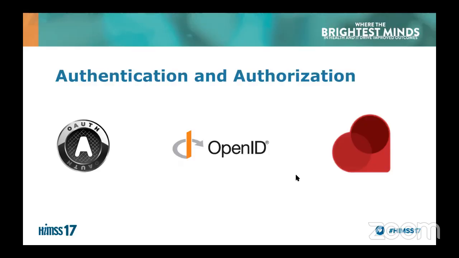If you were to pair our FHIR server up with something like MITREid Connect or any other OpenID Connect identity provider, it will be able to work with that provider to have users authenticate, and then obtain that authentication information from the identity provider. It will also be able to delegate authorization through that identity provider, which would act as an OAuth 2.0 authorization server, down to the FHIR server.